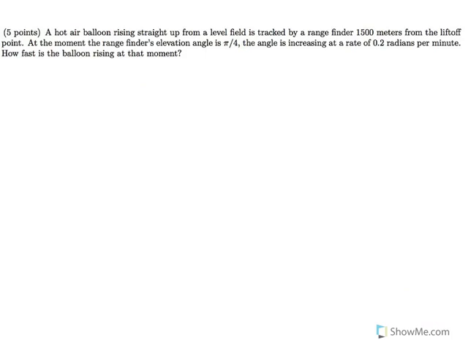Next question is related to rates. A hot air balloon is moving up at a given rate. We are looking for the rate at which the height is changing at a given point.